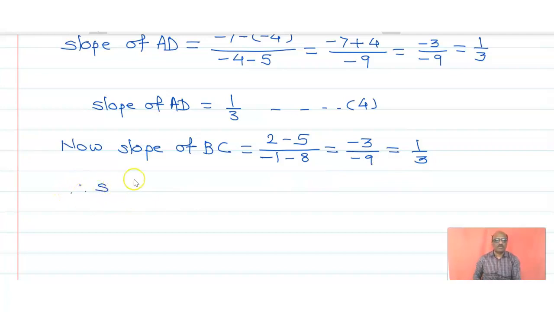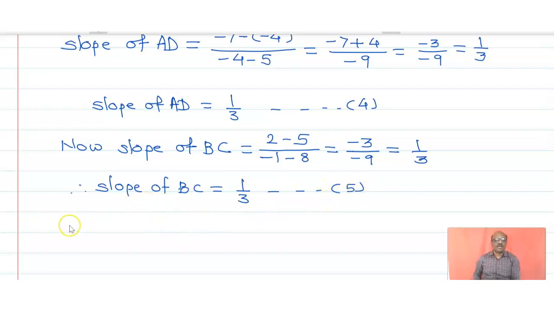Therefore, slope of BC is equal to 1 upon 3, and this is treated as the fifth one.